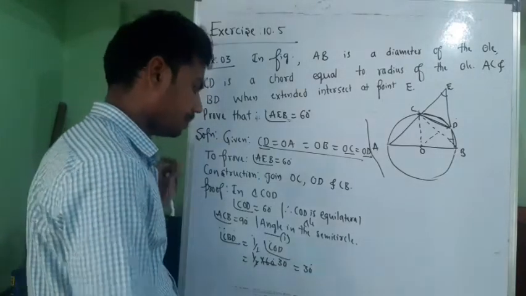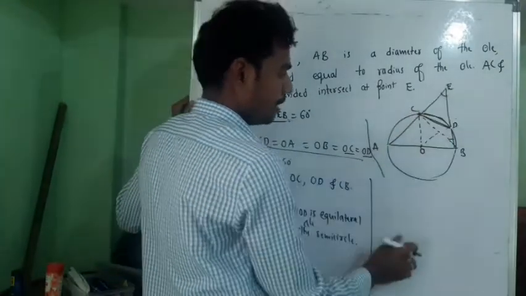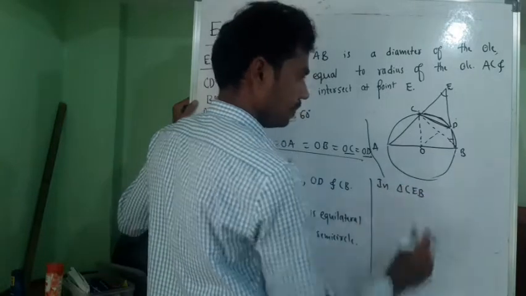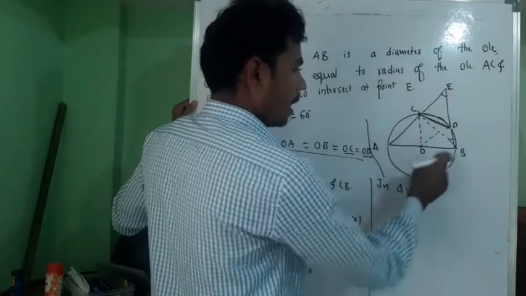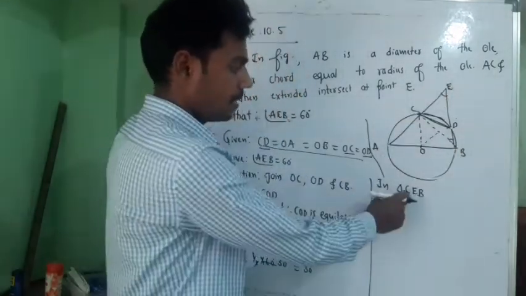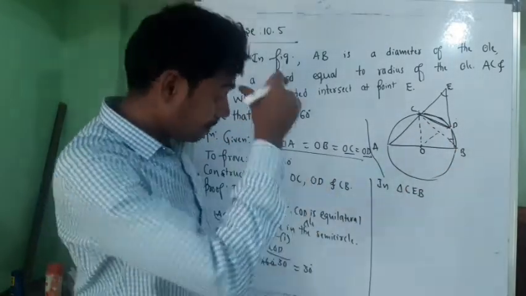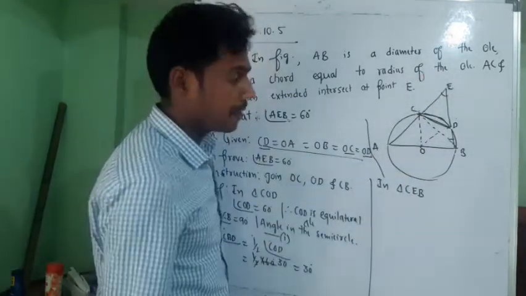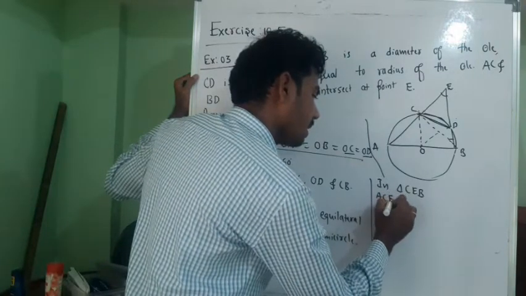So now in triangle CEB, I know the angle B. Just now I found out that it is 30 degrees. Then angle BCE will be, see, we know that ACE is a straight line.